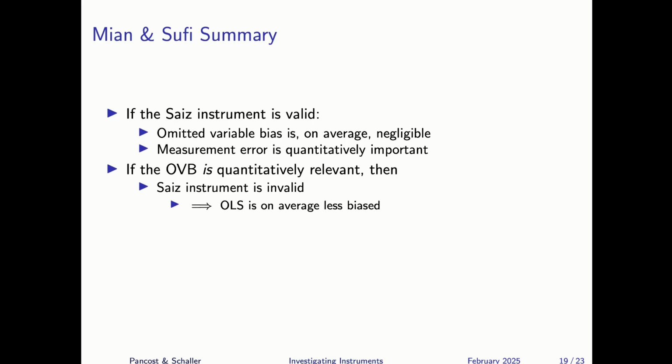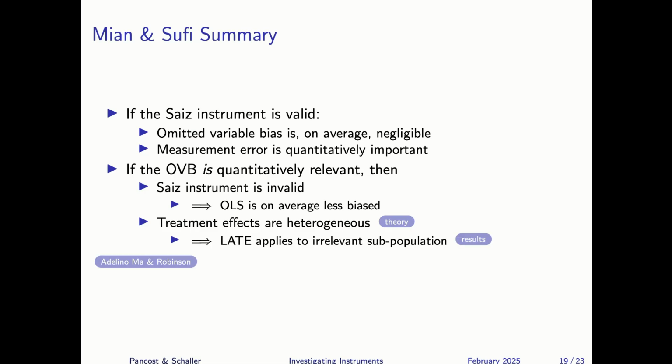It's so invalid the OLS is actually on average less biased than the IV, although both are biased. On the other hand, you could say, well, no, it's a fine instrument, but the treatment effects across counties are very heterogeneous. That's fine, but that means that the local average treatment effect actually applies to a quantitatively irrelevant subpopulation. I didn't show you any of the math behind that. It's in the paper.